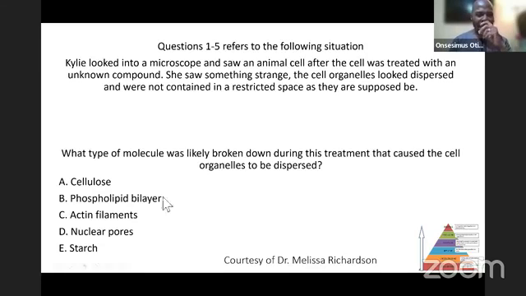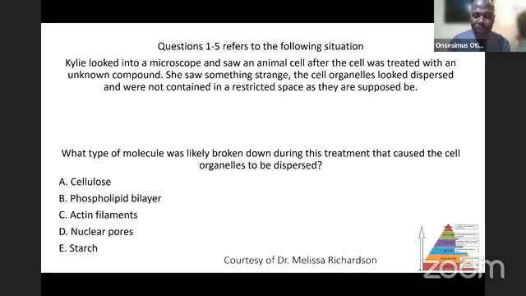So basically, for content, it says, Kylie looked into a microscope and saw an animal cell. And after the cell was treated with an unknown compound, she saw something strange. The cell organelles looked dispersed and were not contained in a restricted space as they were supposed to be. Okay, now this is basically application. So you have a cell that is usually membrane bound.